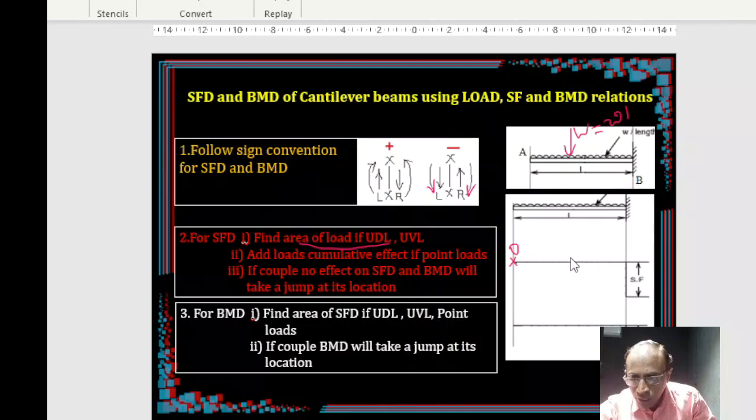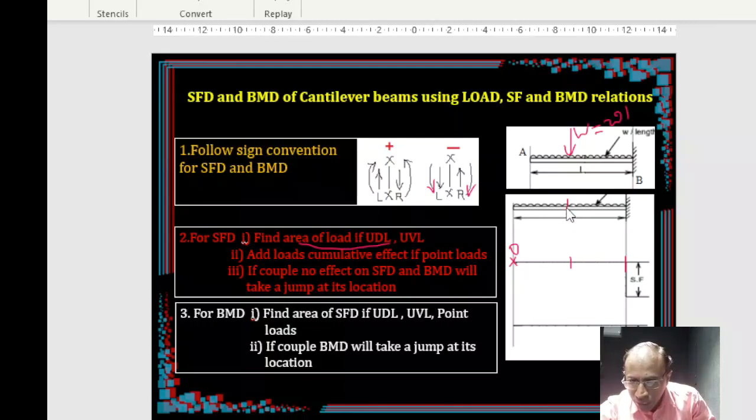Let us say I require the ordinate here, you find the area up to that particular point. We will take 3 points, so let us find the area of the shear force up to here.